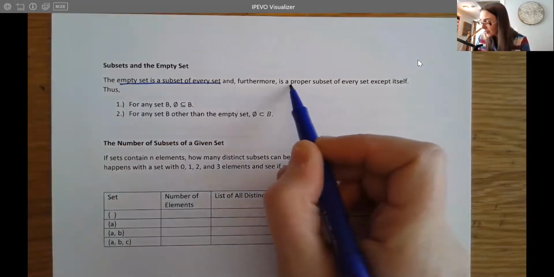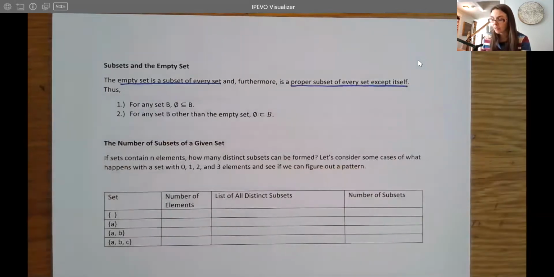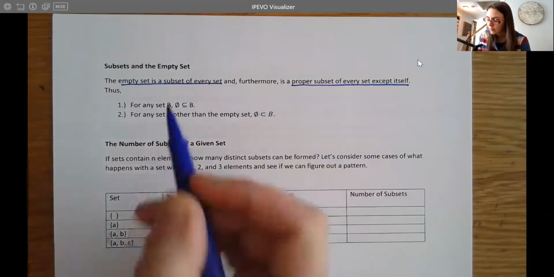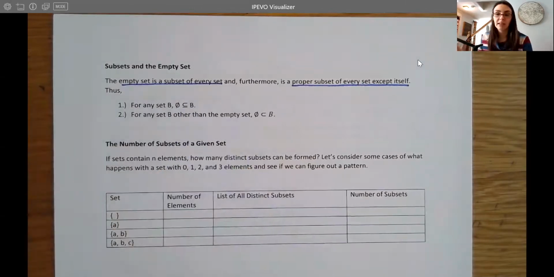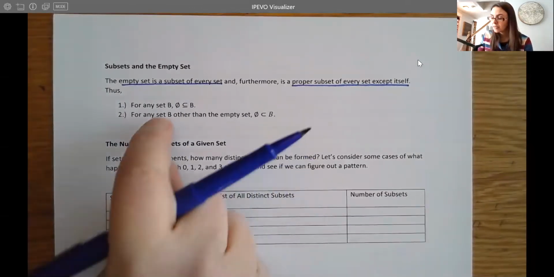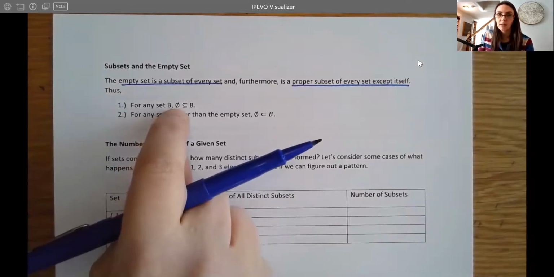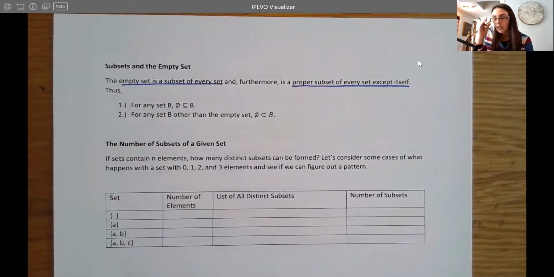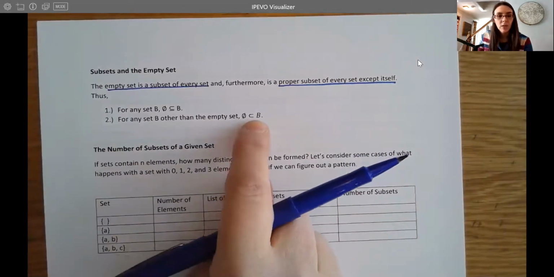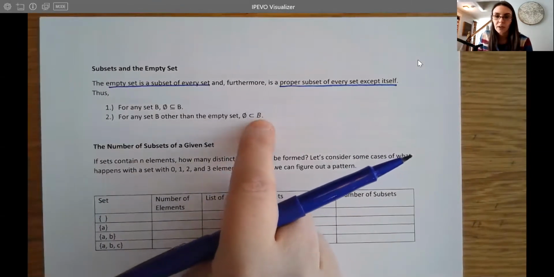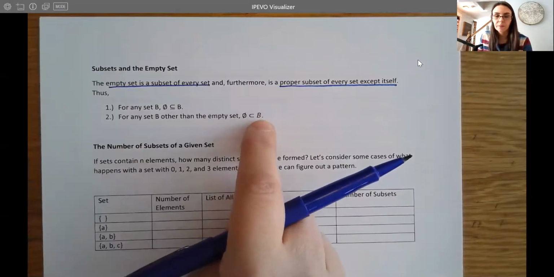And it's a proper subset of every set except for itself. So for instance, what we can say is that the empty set is a subset of any single set in the world. It doesn't matter because there are no elements here. So if there are no elements, we can contain it in anything we want. And it's actually proper as long as B is also not the empty set, right? Because then they would be equal.